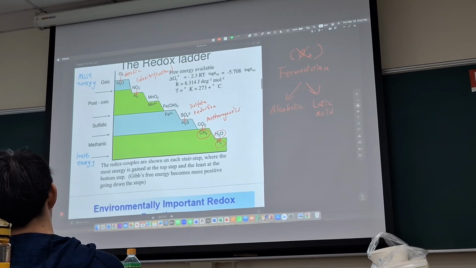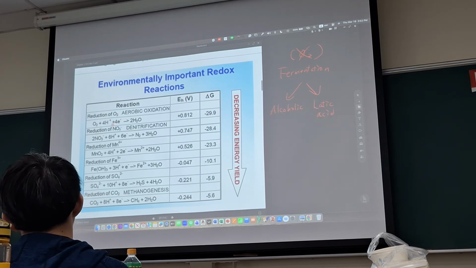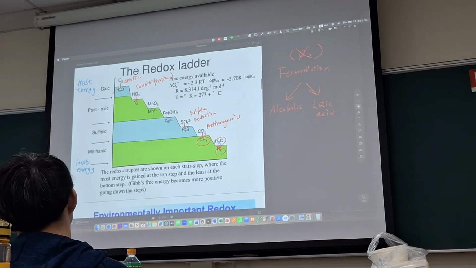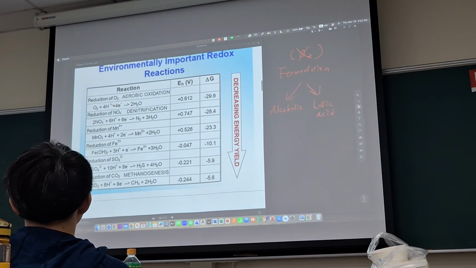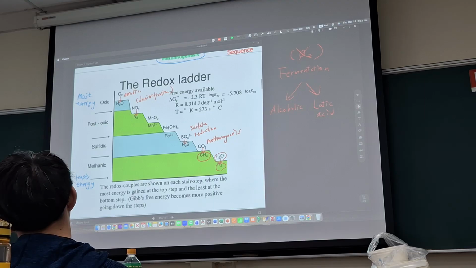You should compare this to this slide. So O2 becomes water, this one.